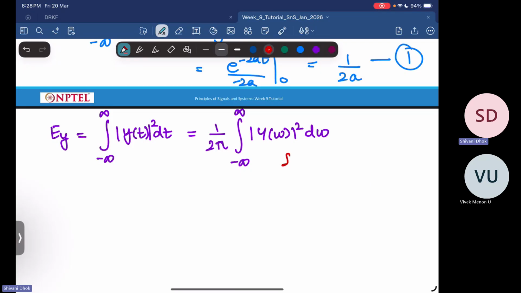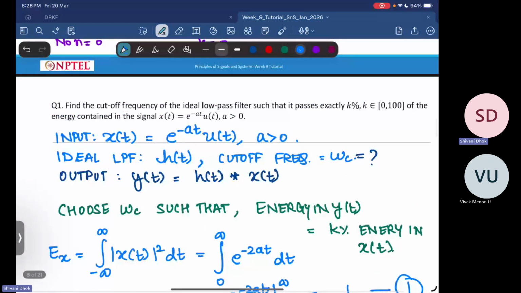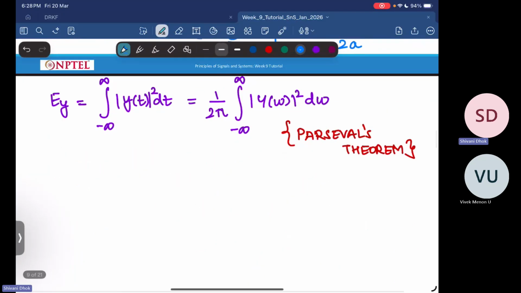And this comes from Parseval's theorem for the continuous time Fourier transform. And we know that if y of t is the convolution of h of t and x of t, then the Fourier transform y of omega is basically h of omega into x of omega. And h of omega is what?